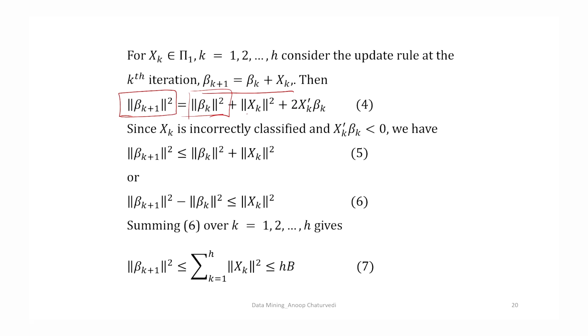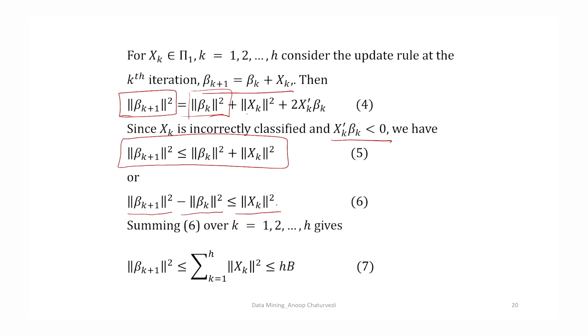And since x_k is incorrectly classified and x_k transpose beta k is less than 0, we have norm of beta k plus 1 square less than or equal to norm of beta k square plus norm of x_k square, or norm of beta k plus 1 square minus norm of beta k square, taking norm of beta k square to the left hand side, is less than or equal to norm of x_k square.